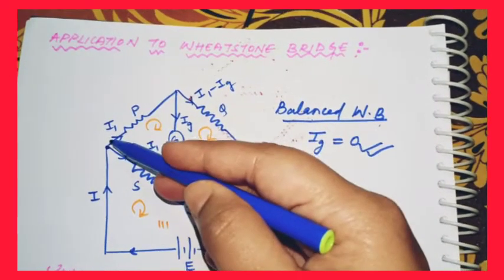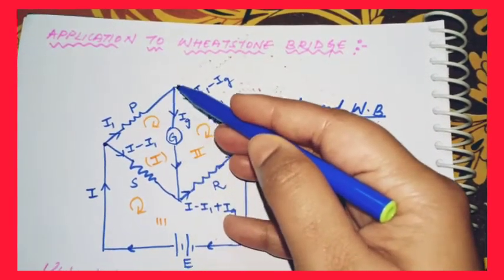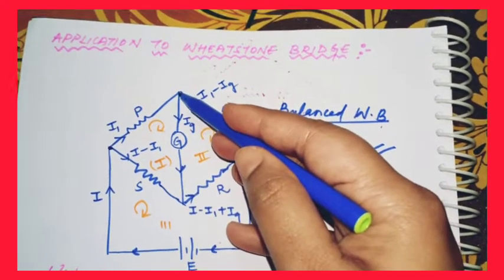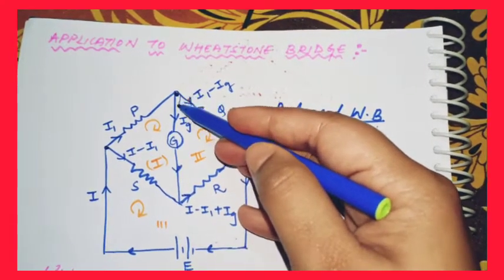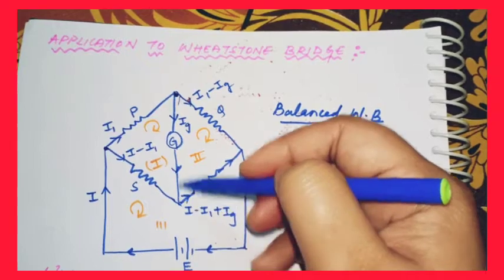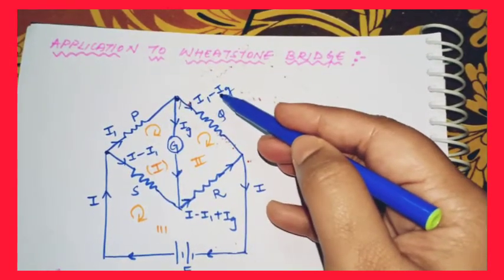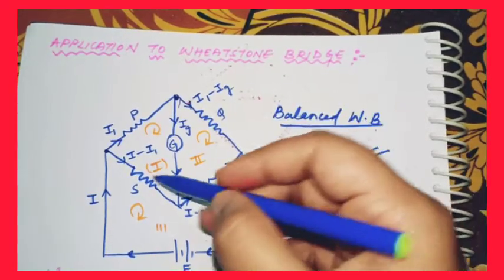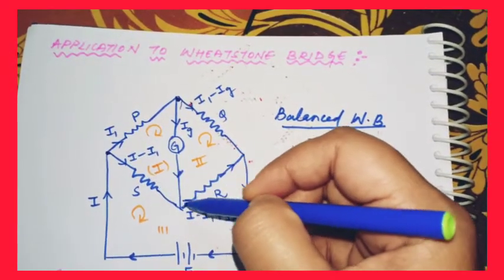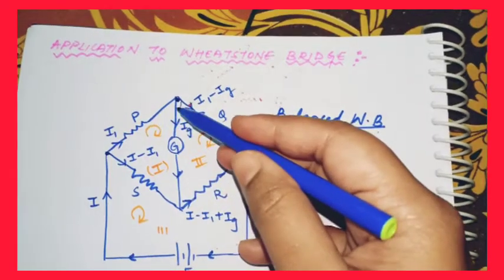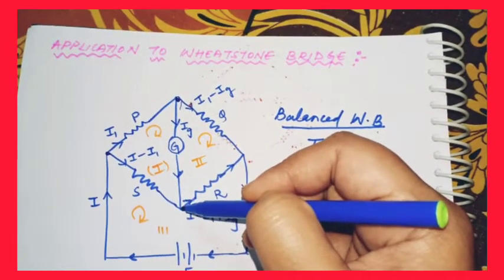So similarly, when I1 current is flowing through P at this junction, students, Ig current flows through the galvanometer. That means the current flowing through Q will be I1 minus Ig. Similarly, you can see I minus I1 current is flowing through S and Ig current is flowing through the galvanometer.